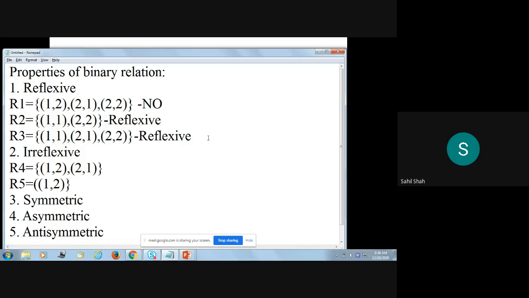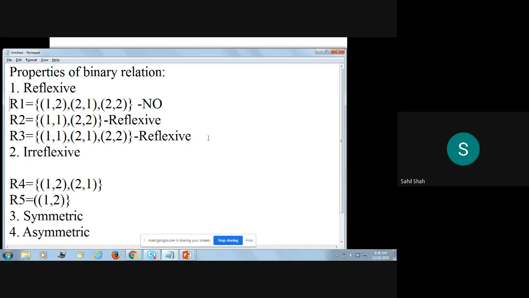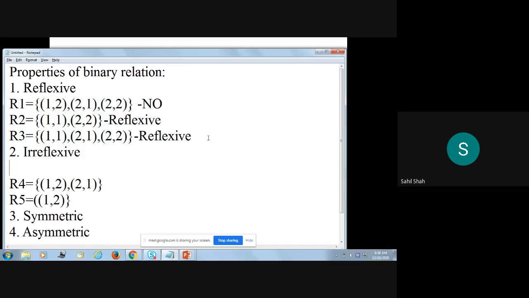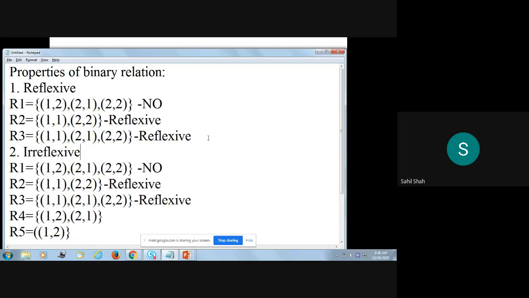Why were the earlier three not irreflexive? Let me copy this here. In this case, R1 is not irreflexive.